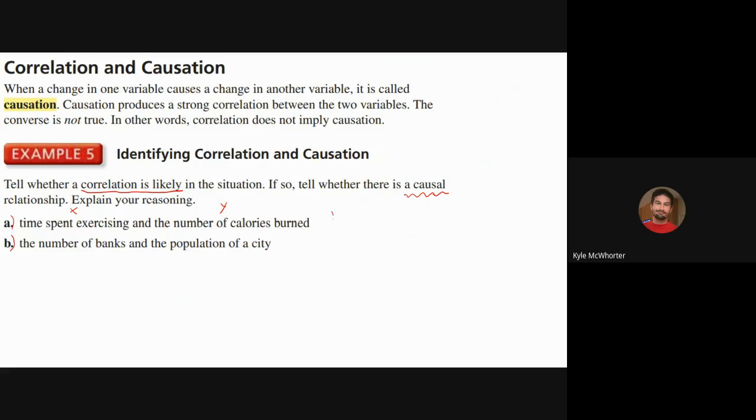So these are correlated. And does the amount of time you spend exercising actually cause the number of calories burned to increase? Yeah, exercising actually does cause that. So they have correlation and causation.